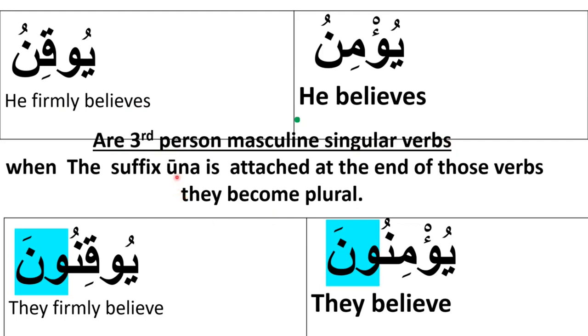When the suffix una is attached at the end of those verbs, they become plural. يؤمنون, they believe. يوقنون, they firmly believe. As you can see, it changes from he believes to they believe because of the una that is attached at the end of the verb.